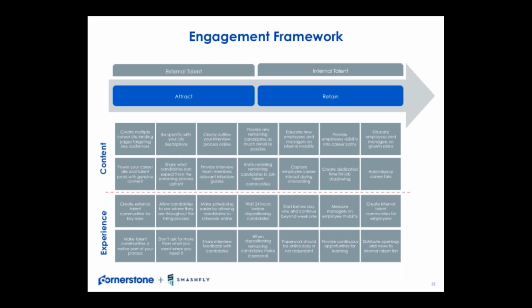I call that the serial applicant. I think we all have them. No matter what, they try and come back through, and you're right, you still do want to provide them a great experience. I think it's going to be hard to deter them. But what I would say is that's where a talent community is perfect for someone like that. Like, hey, we notice you're applying to a lot of great positions.